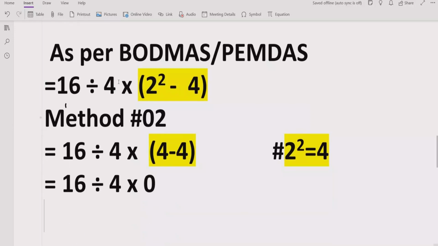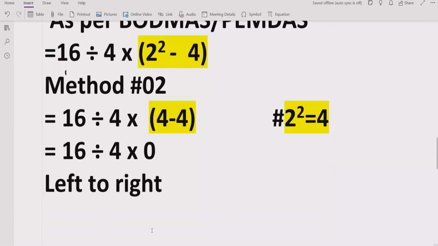Now, according to the BODMAS and PEMDAS rule, you do not have any bracket or power, so you go left to right in your expression and see which operation is coming first. Here we have the division first, so we have 16 divided by 4, which is equal to 4, and multiplied by 0.